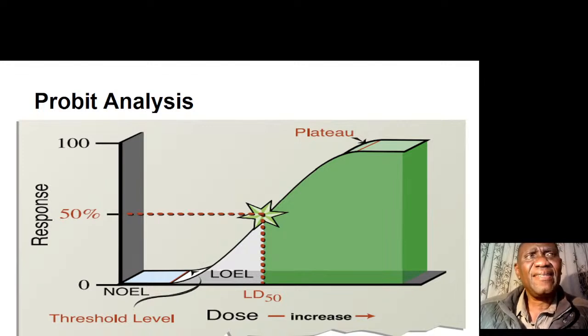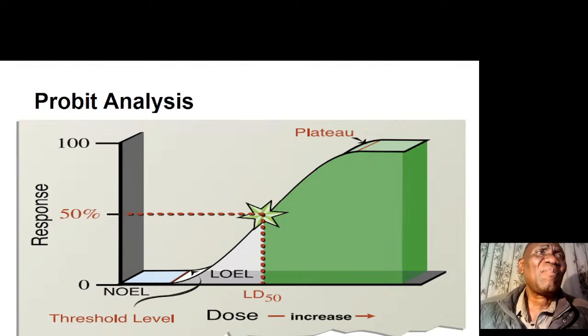At first, nothing seems to be happening at low dosages. I mean, we have got the 0 there in the control. There is no death. But as you increase the concentration, you may reach what is known as the threshold level. Then you reach a plateau.